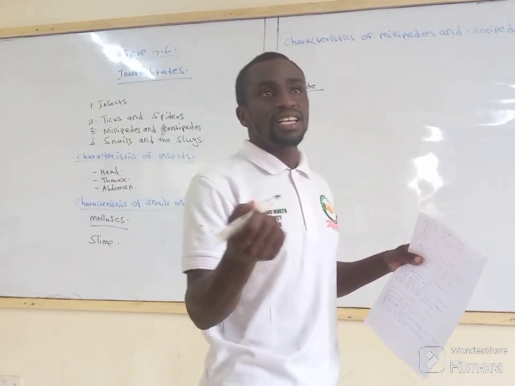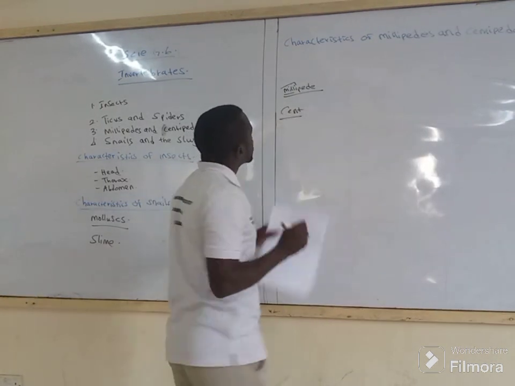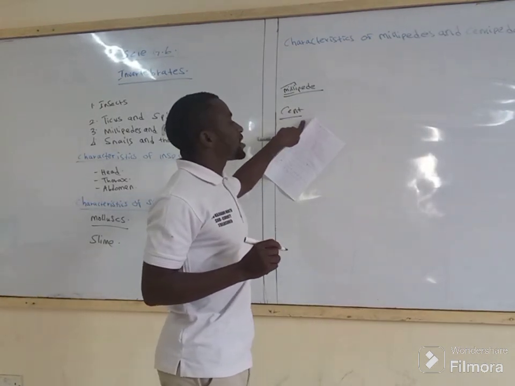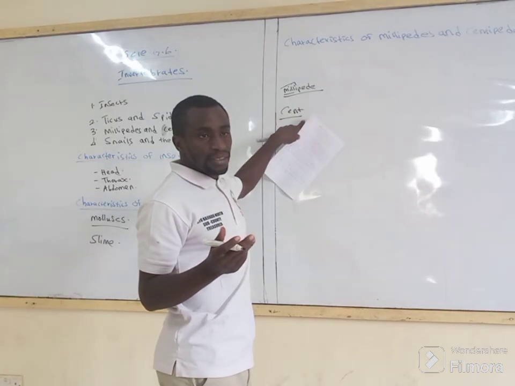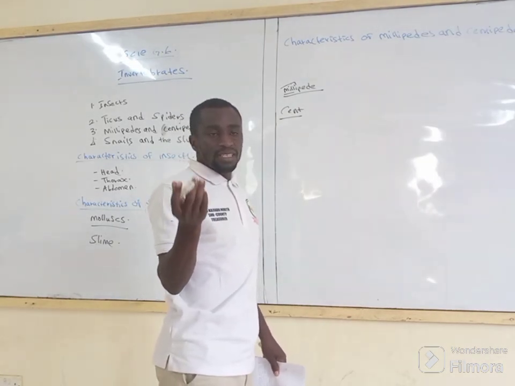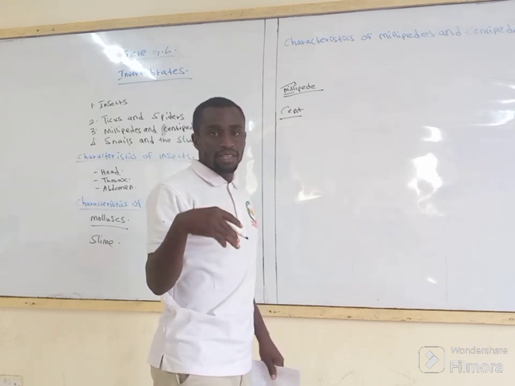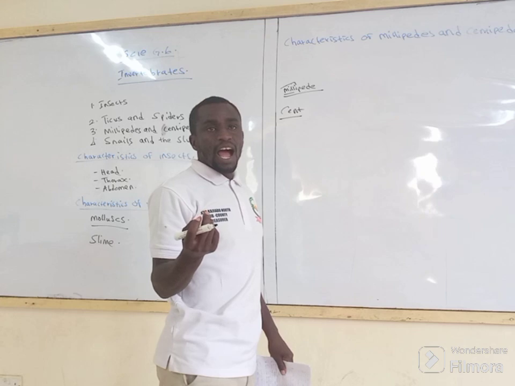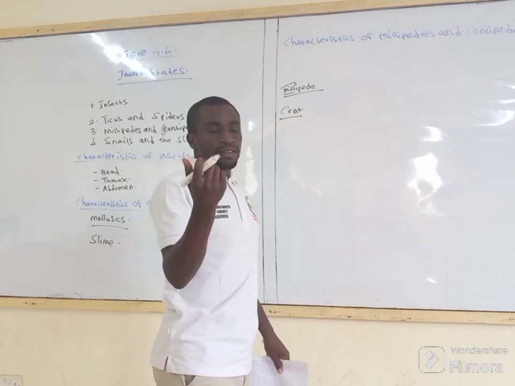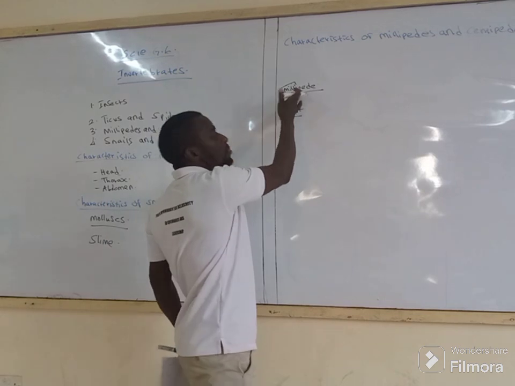The centipedes, that is scent. How many cents do we have in a shilling? We have 100 cents in a shilling, and those cents are not more than millions.